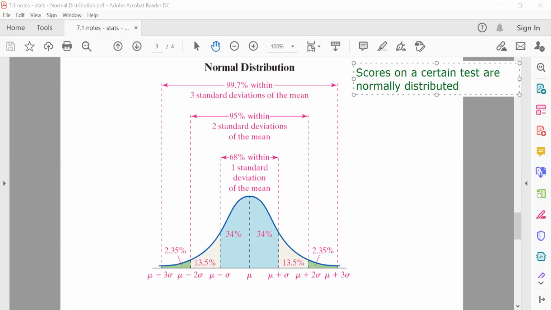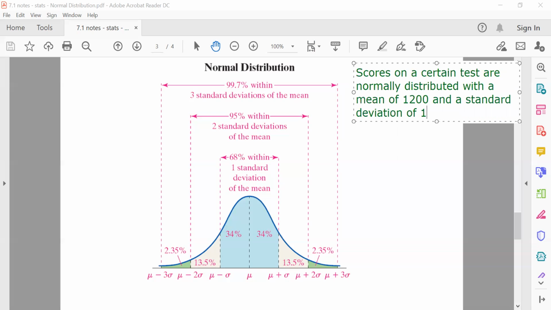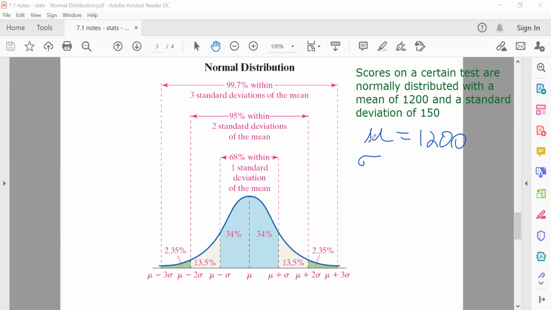So let's say scores on the test are normally distributed with a mean of, we'll make it fun, how about 1200 and a standard deviation of 150. So mu equals 1200. Standard deviation sigma is 150.